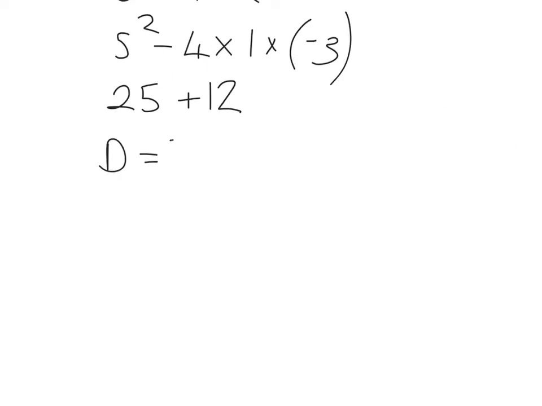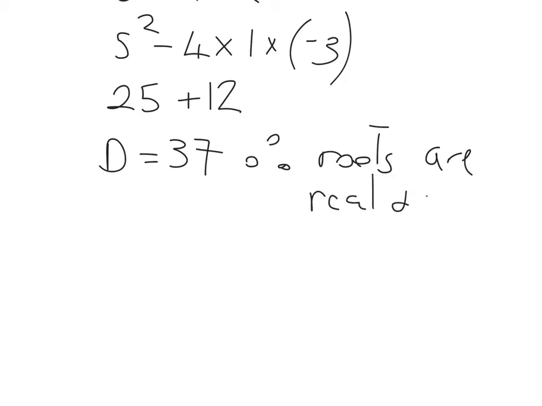So the discriminant is equal to 37. 37 is greater than 0, therefore the roots are real and distinct. Another way of saying the same thing is real and unequal.